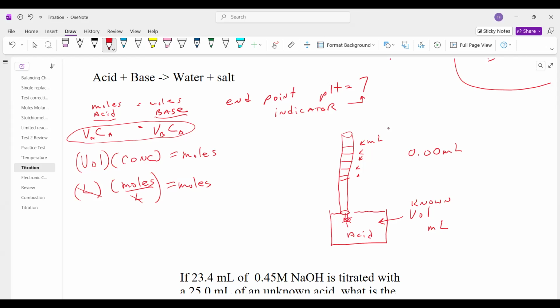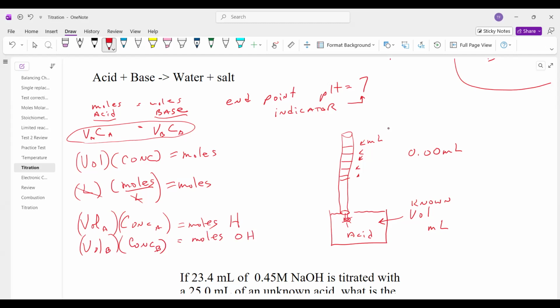What we're going to do is take the volume of the acid times the concentration of the acid, which gives us moles of H. And the volume of the base times the concentration of the base equals moles of OH.